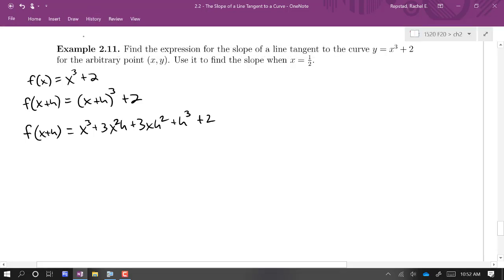And in the limit, we're going to have to subtract f of x. So let's subtract f of x. And if we are subtracting f of x, then we are subtracting x cubed and subtracting 2. So minus x cubed minus 2.